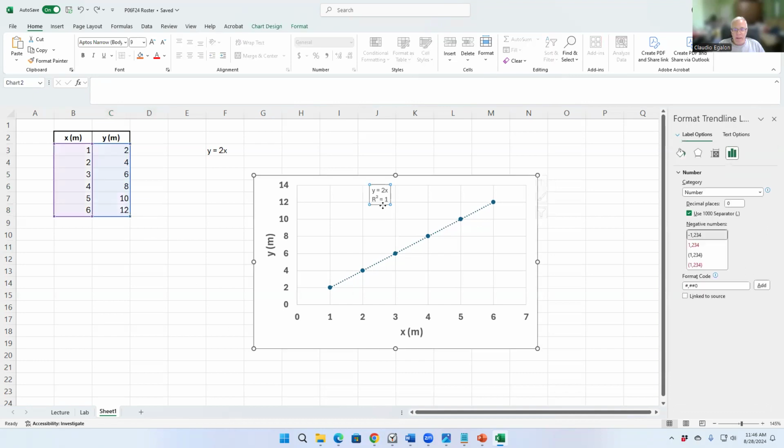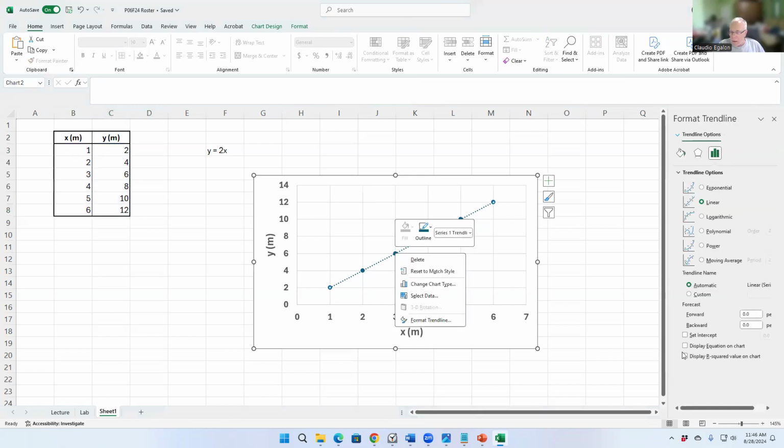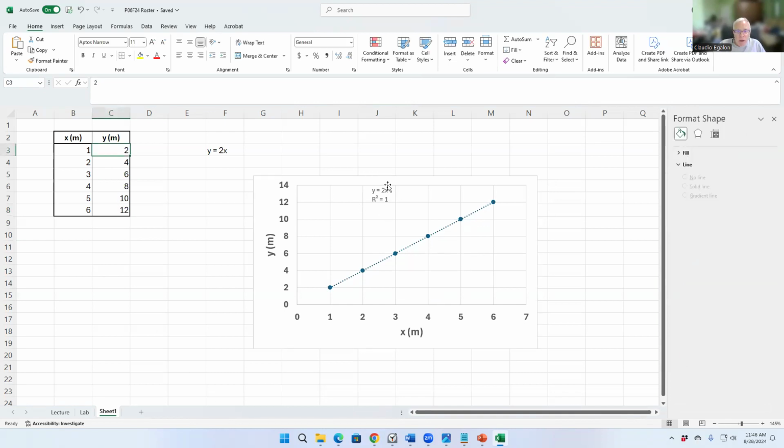You have perfect fitting, okay? And I'm going to do that all over again. Look what happens to this equation and the R square as I change the values of y, okay? Instead of 2, now I have 1.9. We start to have something here that's not exactly a 0, but something else, okay?